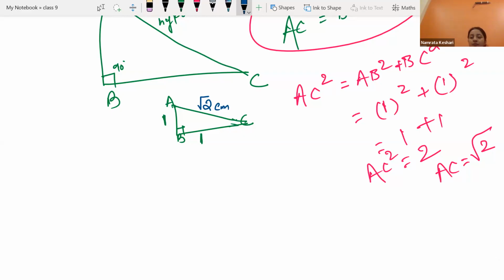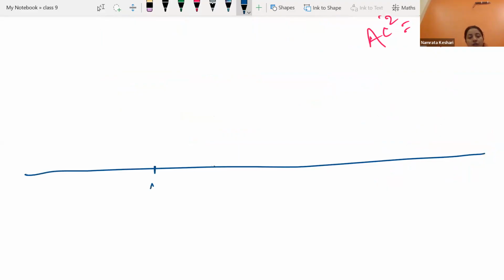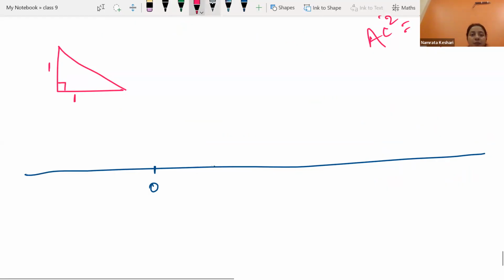So what we are going to do, we will draw a number line, that means a real line. We will draw 0 over here, you can name it point O. Since we want to make a right angle triangle by maintaining the base as 1 and the height as 1 unit, in this number line we will be drawing a right angle triangle.